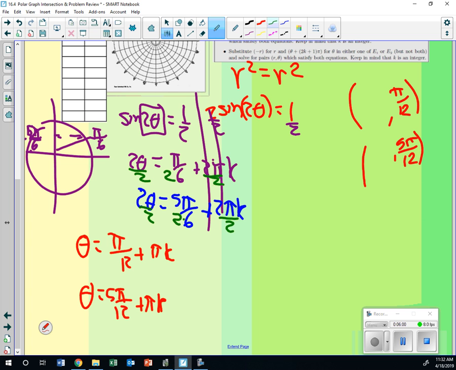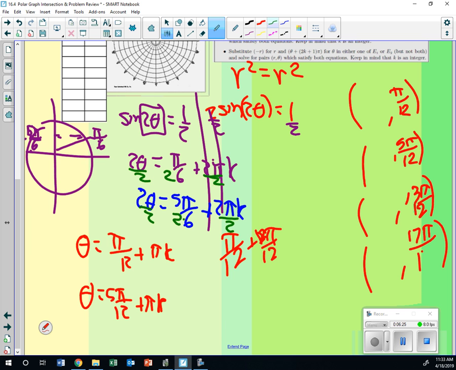But we're going to get 2 more, because this pi k, pi is 12 pi over 12. What's pi over 12 plus 12 pi over 12? 13 pi over 12. And then 5 plus 12 is 17 pi over 12.